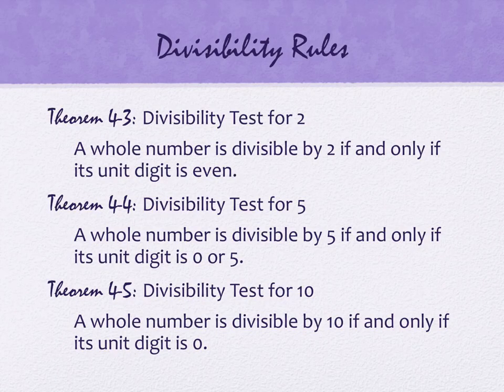I get that. But the point of all of these properties is to isolate something that's really easy to see, and it usually involves looking at the last digit or the last 2 digits or something like that, okay? So all we have to do to decide if a number is even is look at the units digit, right, the ones place. And if the ones place is even, it's going to be even.